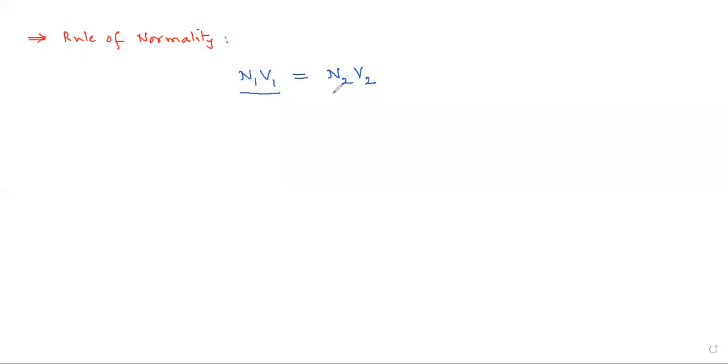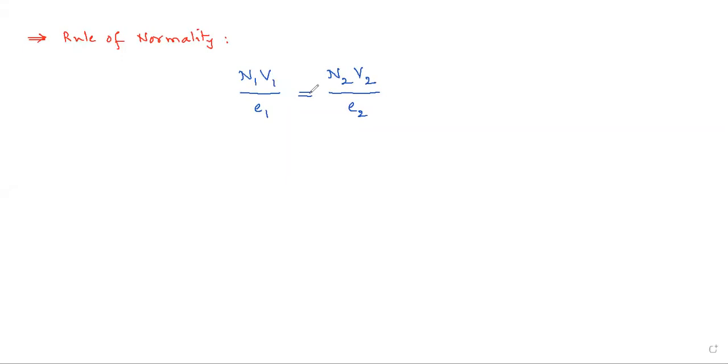In fact, this can be written as N1V1 by E1 is equal to N2V2 by E2, just like M1V1 by n1 is equal to M2V2 by n2.